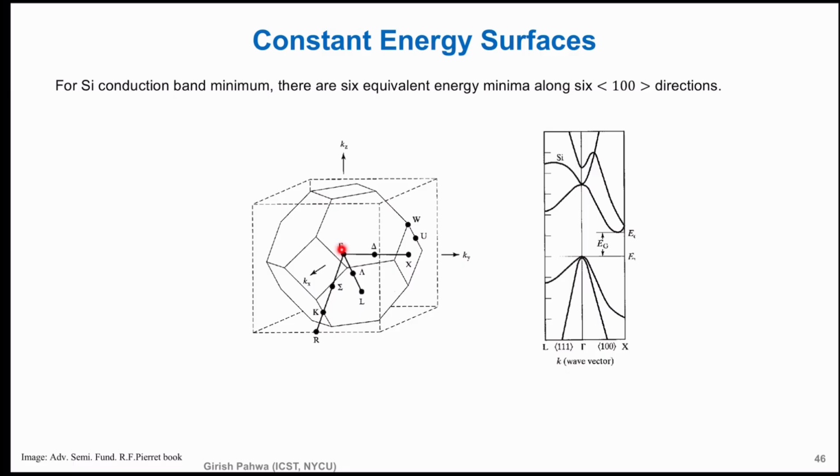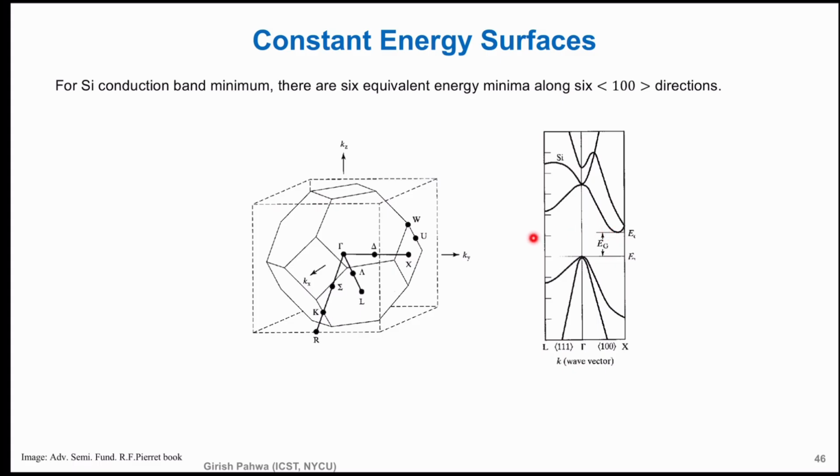And along every direction you have one point, the delta point, at which you have a minimum. So for constant energy surfaces, it won't be just one surface, because there are 6 equivalent minimum energy points. So you can draw 6 constant energy surfaces around these points, and they will look identical.